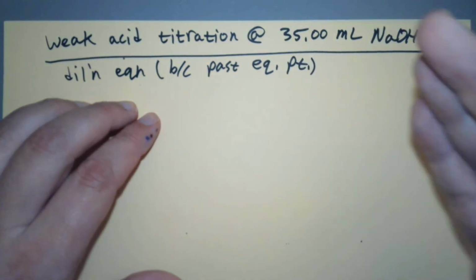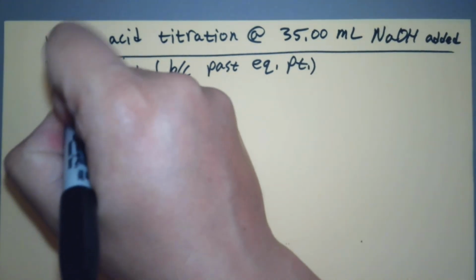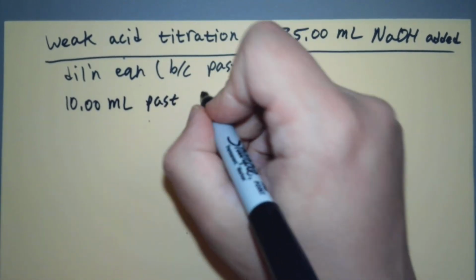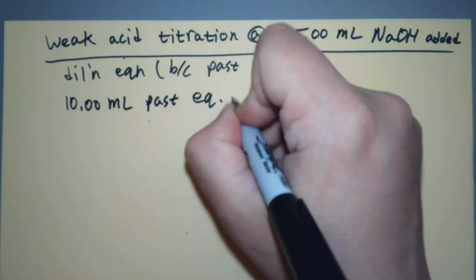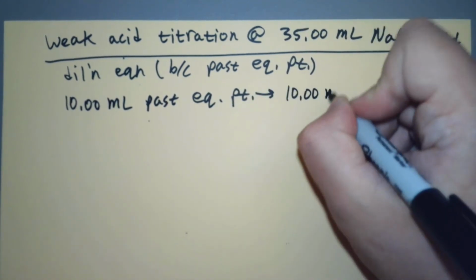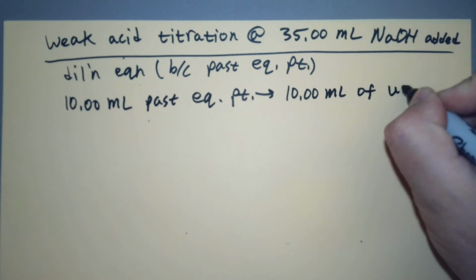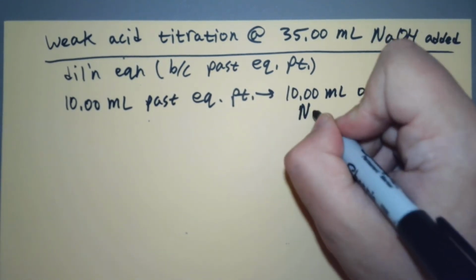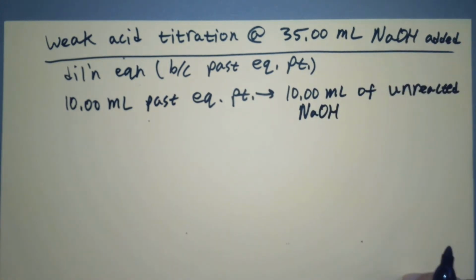So we're 10 milliliters past the equivalence point, because we were past the 25 milliliter value. That means we're working with 10.00 milliliters of unreacted sodium hydroxide.